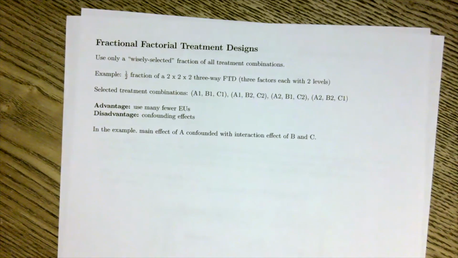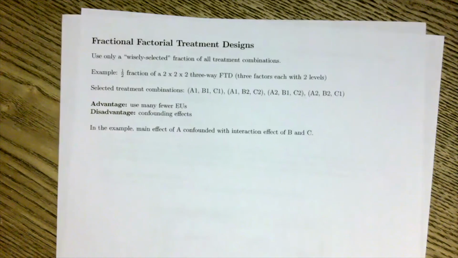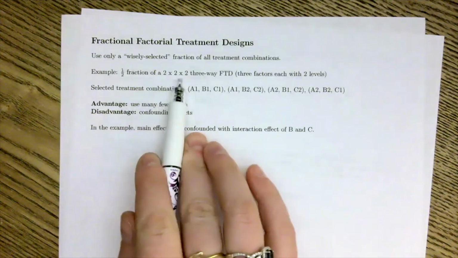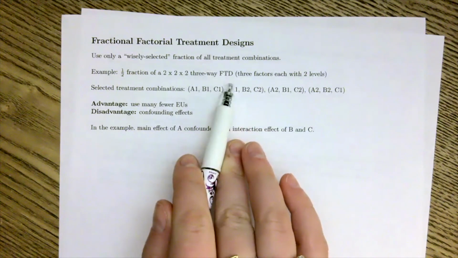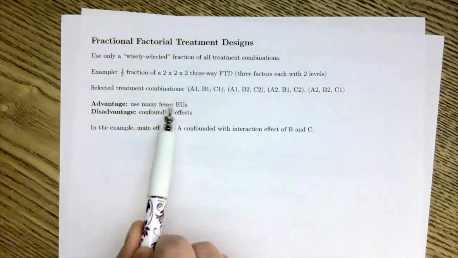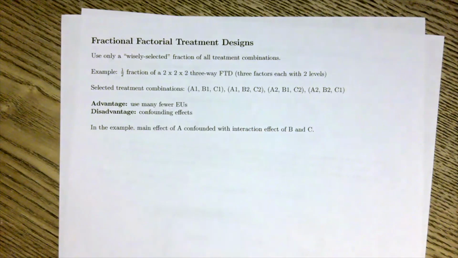The advantage of this is, especially when you start having 4 treatments, 5 treatments, 6 treatments, that we're only going to use like half of a 2 by 2 by 2 three-way full factorial design. And so it's going to help us reduce our number of experimental units, which could help us reduce our cost and our time and all that.